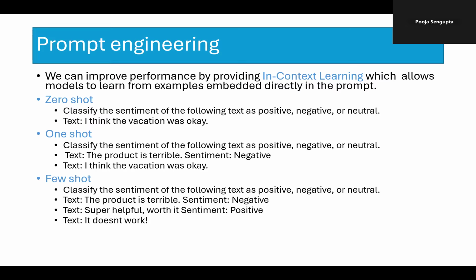Zero shot is where we give them an instruction such as classify the sentiment of the following text as positive, negative, or neutral. And an example text would be I think vacation was okay. When we provide a zero shot prompt, the GPT understands the text is to be classified as either positive, negative, or neutral.